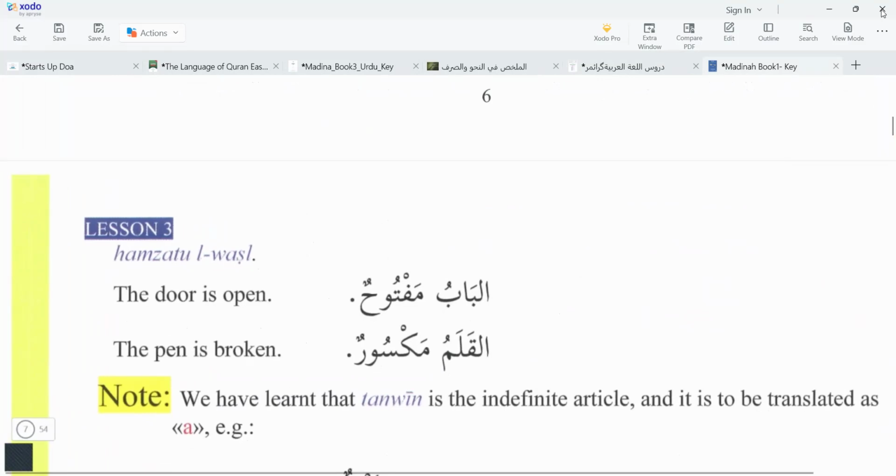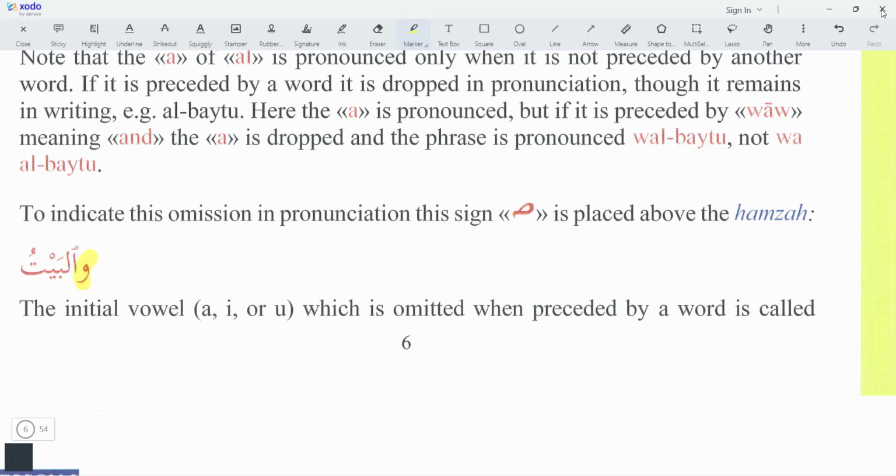Then the next is hamzatul wasl. There is another topic, hamzatul wasl. Wal-baitu, and the house. The initial vowel which is omitted when preceded by a word is called hamzatul wasl.